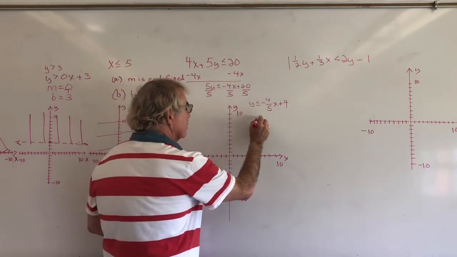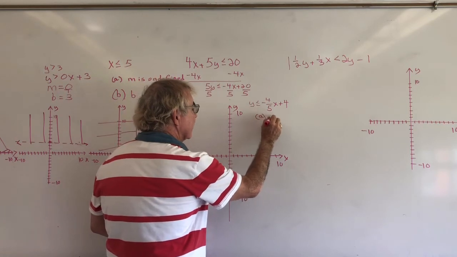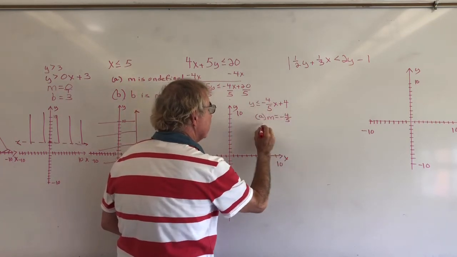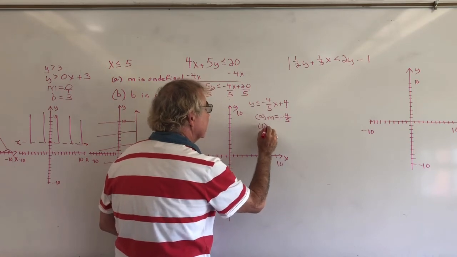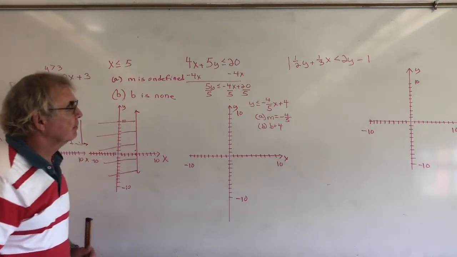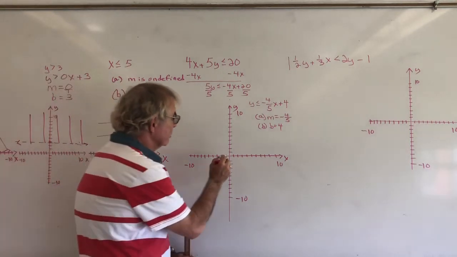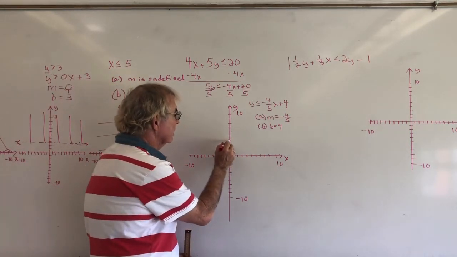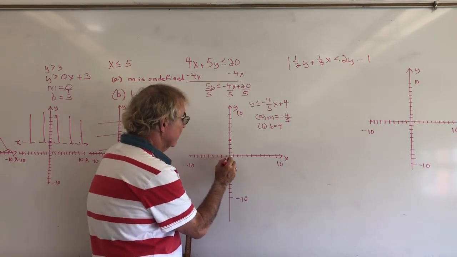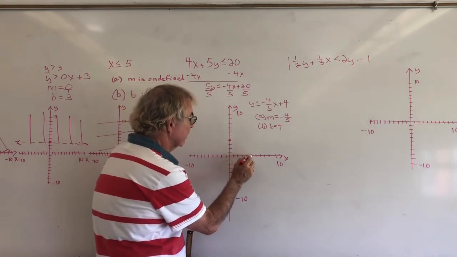Our slope, m, is negative 4/5, and our intercept b is 4. So we go up to 4 on the y-axis. We go down 4 and over 5 with a dot.